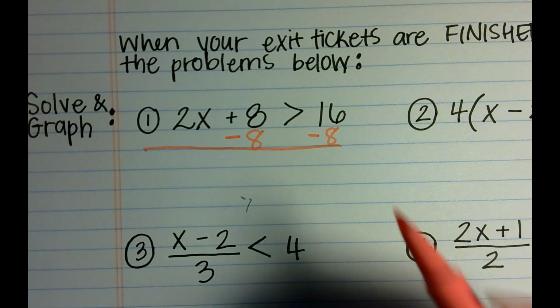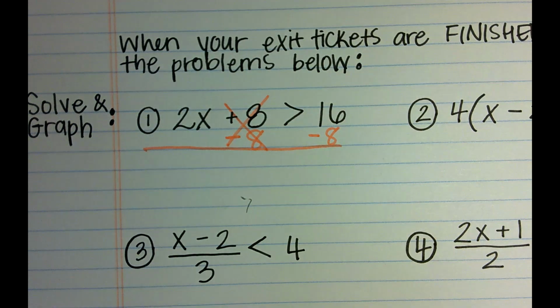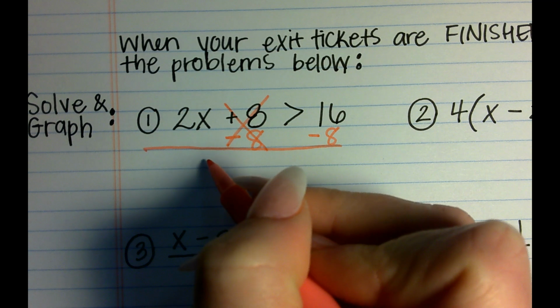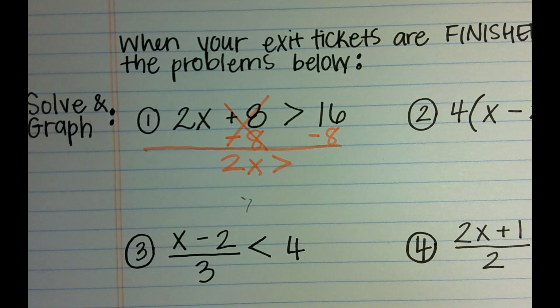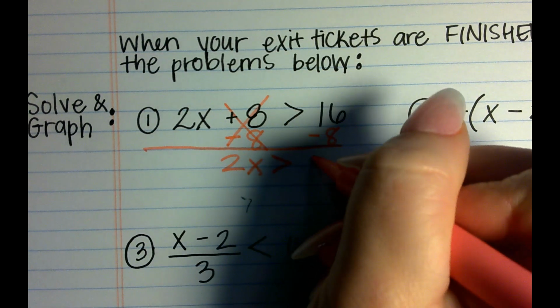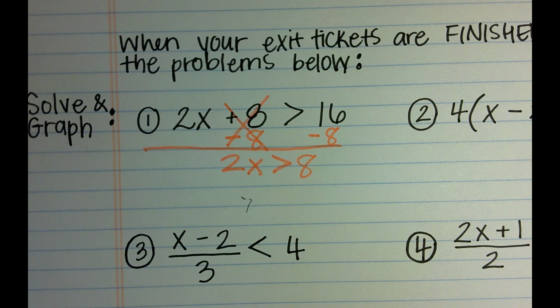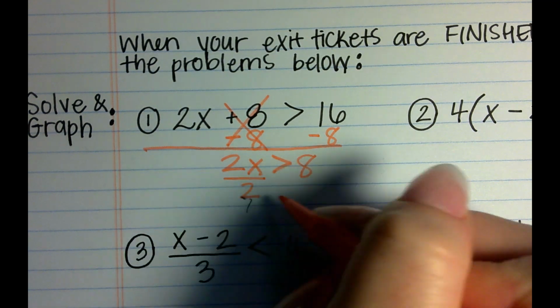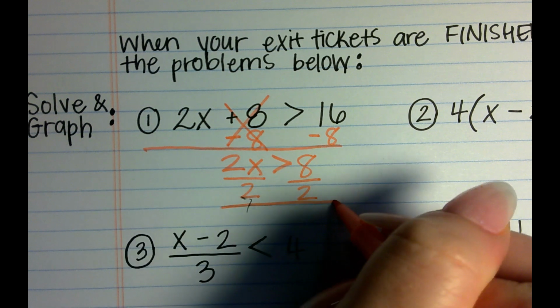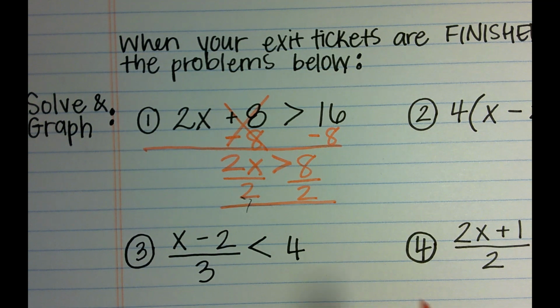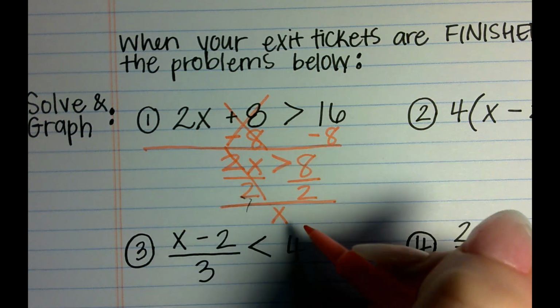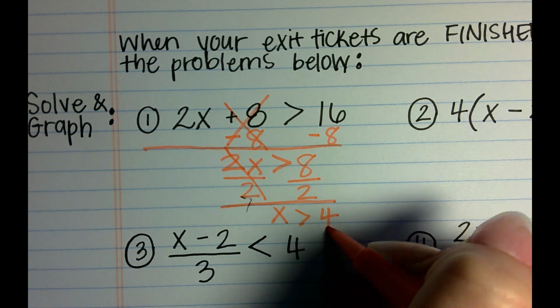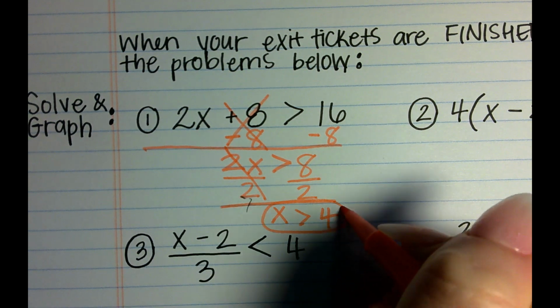My 8's cancel. I get 2x is greater than 8. Then you're not done. You have to divide by 2 on each side. Yes. Your 2's cancel out. Your x is greater than 4. Perfect.